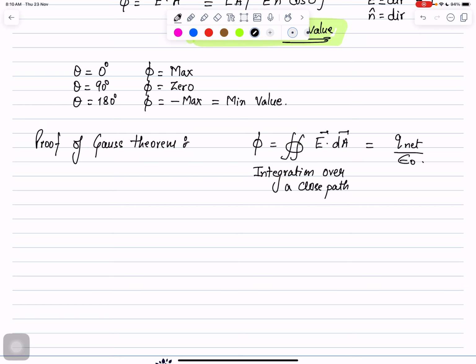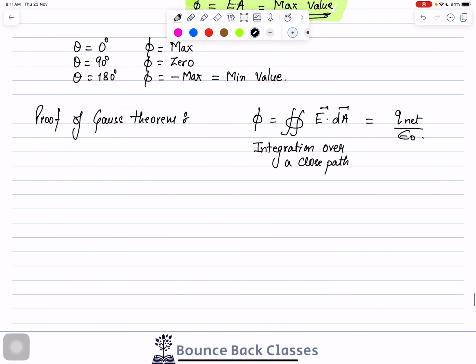Just take any surface. Consider a surface. Let's say this is a sphere. So in the sphere, let's say this is the closed surface, and from here we are finding the value.